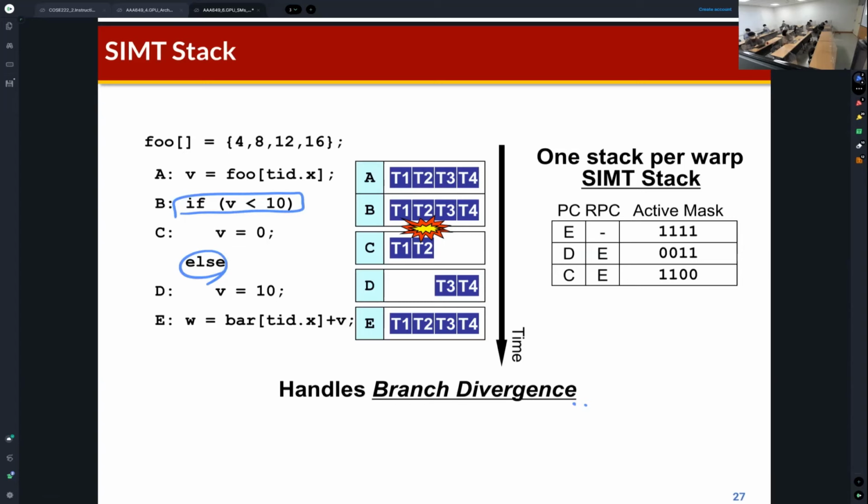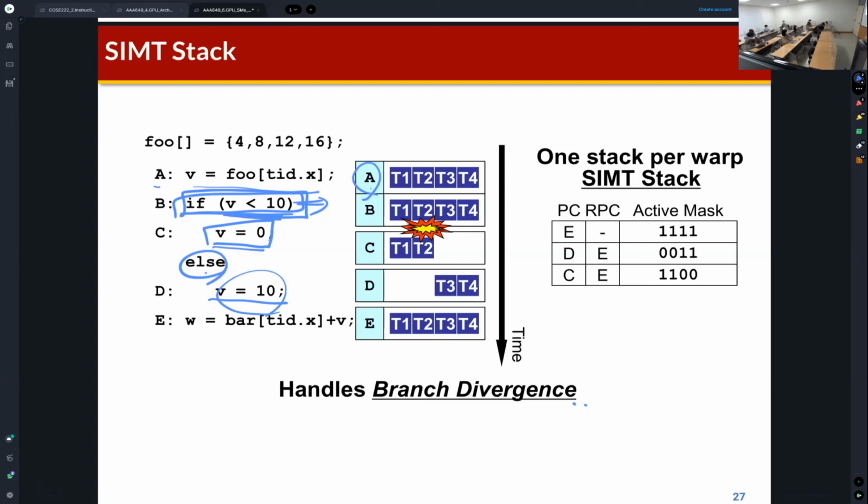A is an instruction that all threads in a warp will execute commonly. Then, based on the condition of B, this branch instruction needs to check the condition. All threads execute this line, but based on the branch condition, B can be 0 or B can be 10.